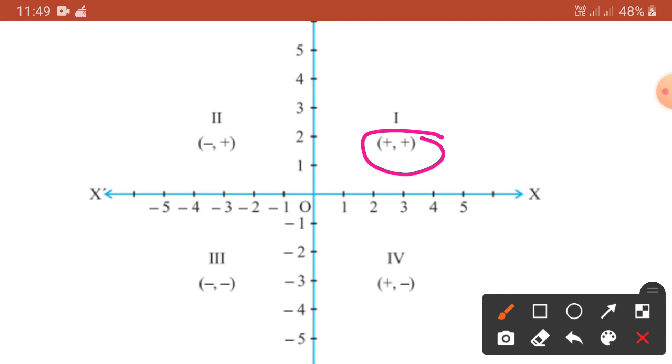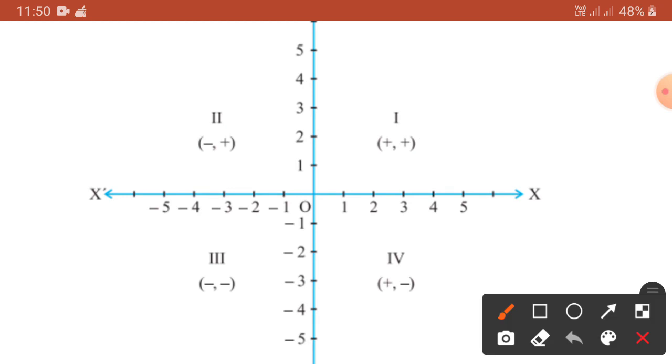That means the value of x will be positive and the value of y will be positive. Since the first quadrant is enclosed by the positive x-axis and positive y-axis, here it is positive x-axis and here it is positive y-axis.